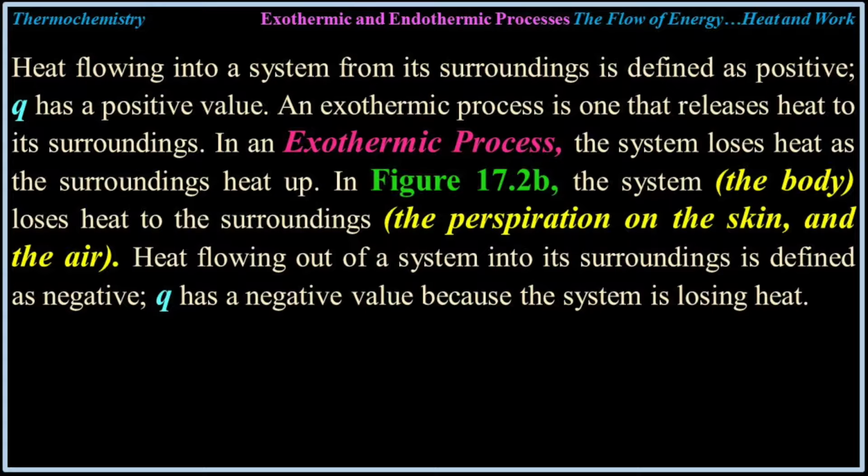In figure 17.2b, the system, the body, loses heat to the surroundings, the perspiration on the skin and the air. Heat flowing out of a system into its surroundings is defined as negative. Q has a negative value because the system is losing heat.